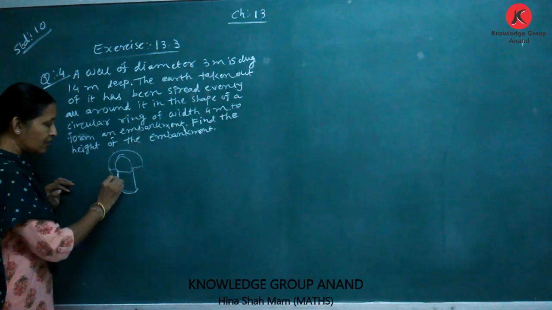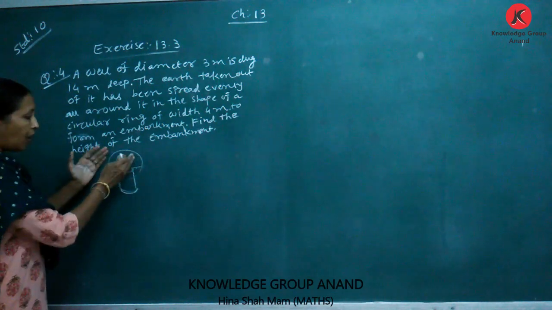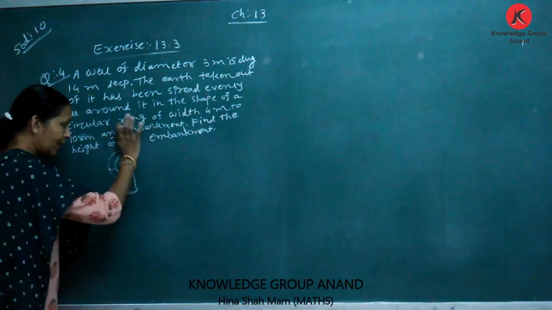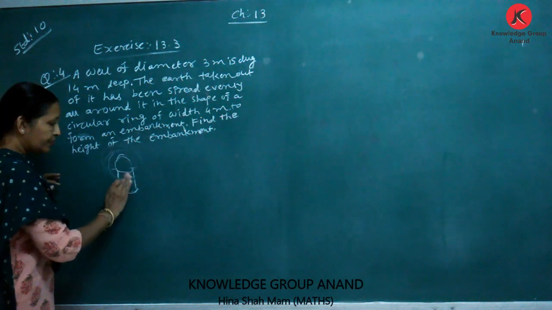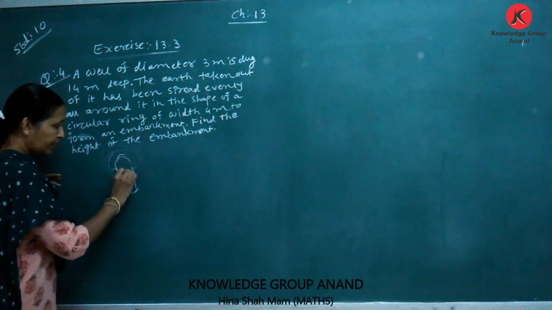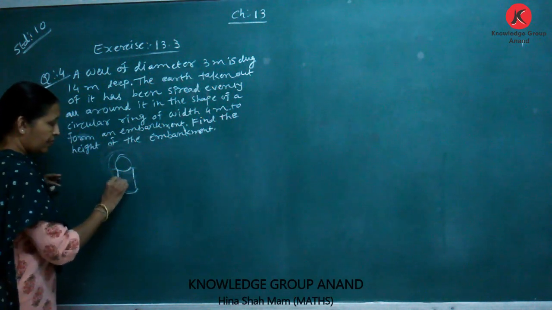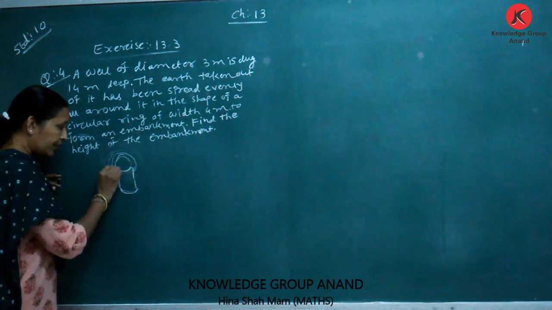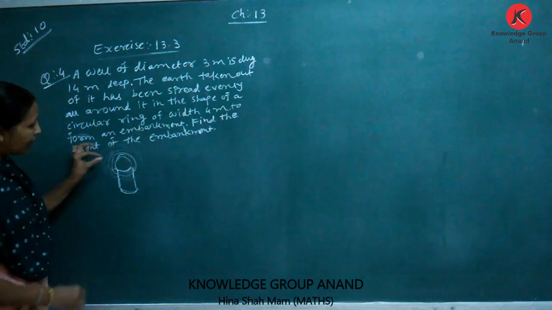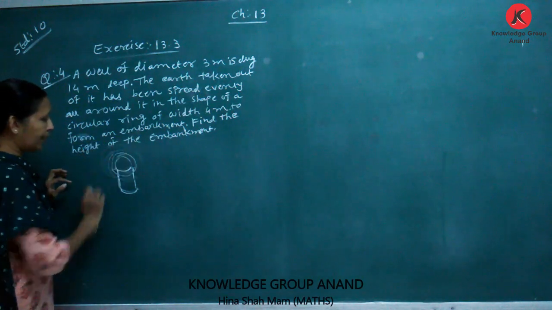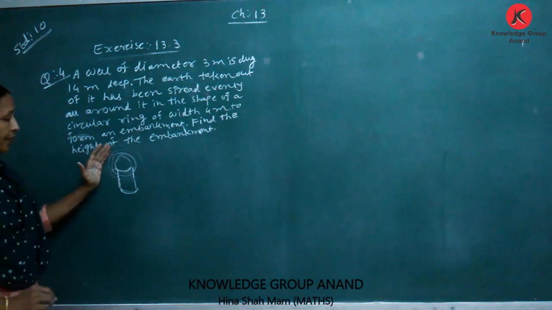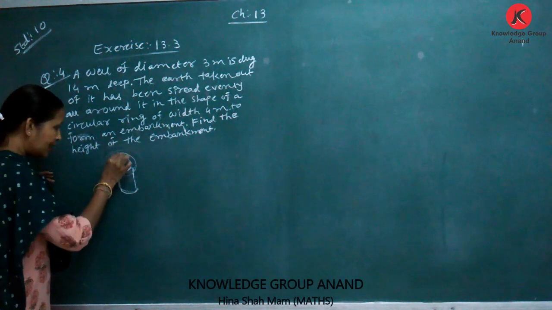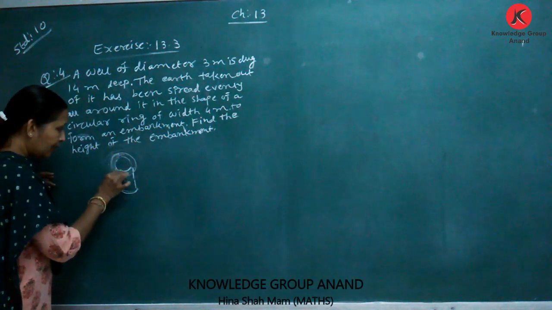It is a circular shape. On the circular shape we build the embankment around it. Find the height of the embankment. Here it is a ring, a circular ring.